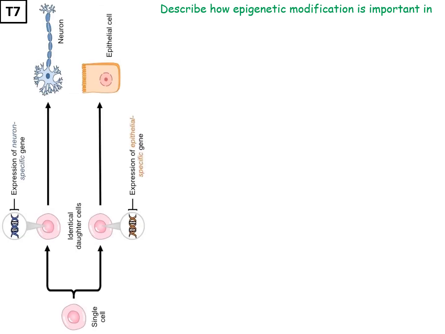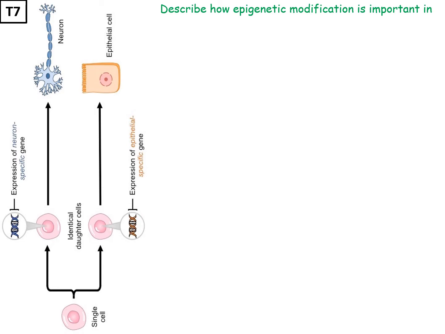Describe how epigenetic modification is important in cell differentiation. So here we start off with a single cell, and in that single cell, the expression of neuron-specific genes causes the conversion into a neuron. However, using the same genetically identical daughter cells, if there was an expression of epithelial-specific genes, it could then convert into an epithelial cell.